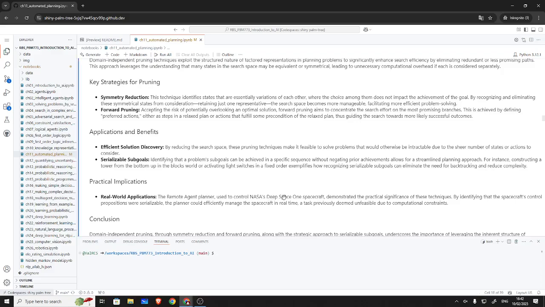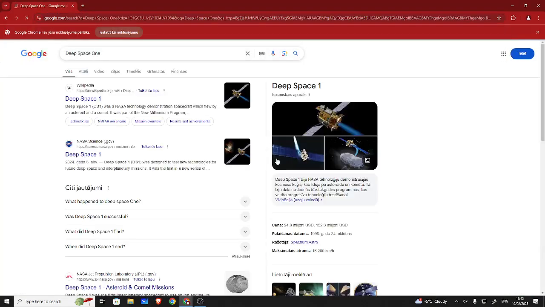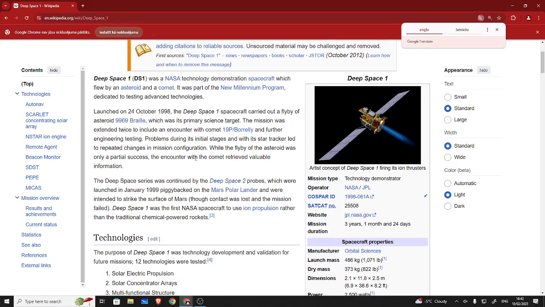I don't know, Deep Space One. Let me see where it is now. Is it still alive? It's gone. When did it go down? Oh, it was for an asteroid. It had ion thrusters. Cool. It almost got to the comet.